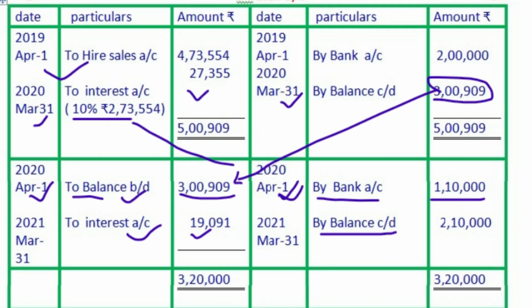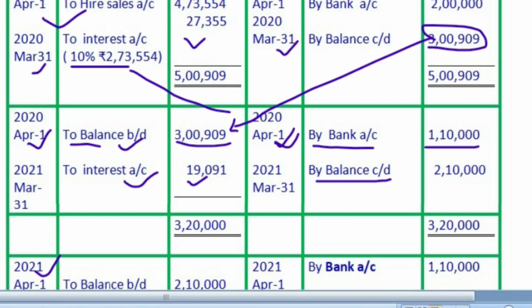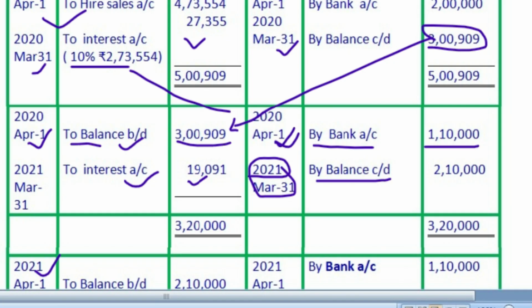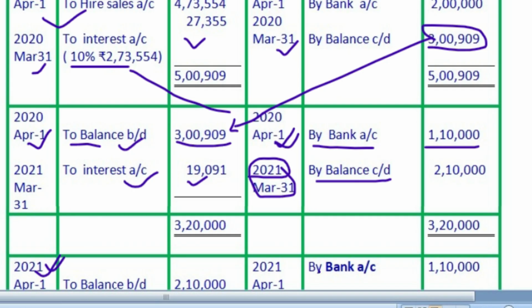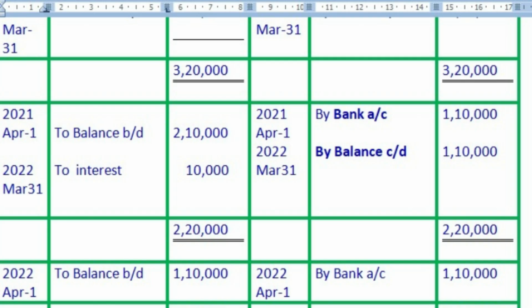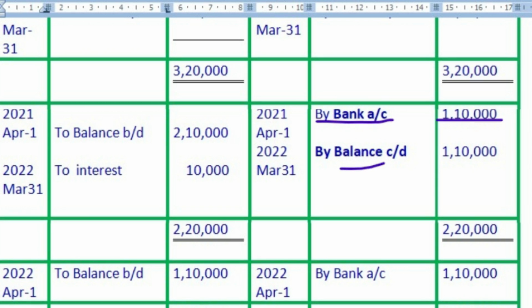That is, this is April 2021, and here this is the last day of financial year 2020-21, and the next day is 1st April 2021, and on this date again the second installment is paid, 1,10,000, by bank account, 1,10,000, balance CD. This is the second installment.